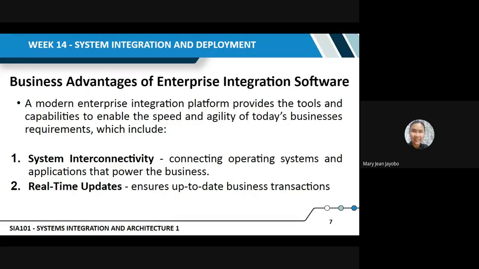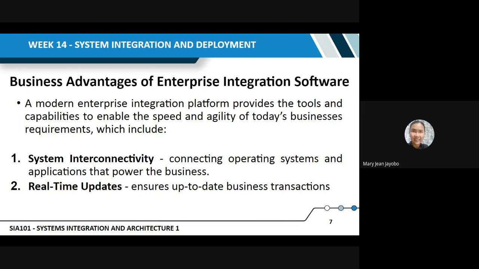So what are the problems that need a solution? We do not just want to apply or integrate a system that will not provide a solution to the user or to the business, right? So dapat it will solve the current problem that is being faced by the company or the business.